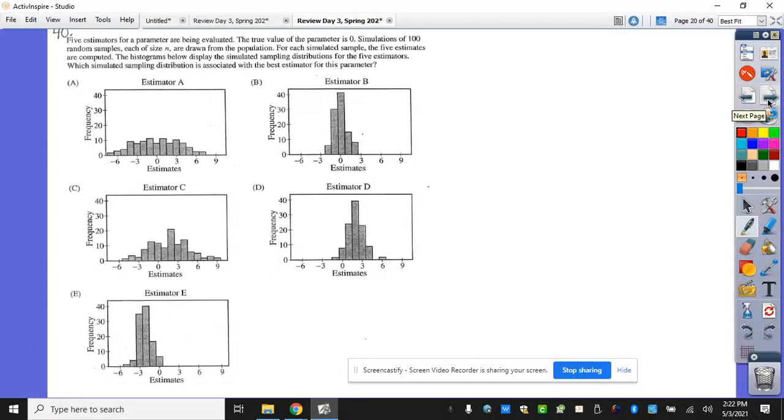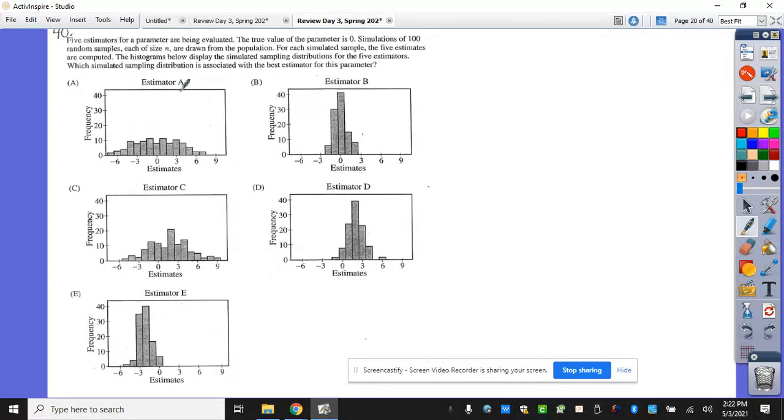Okay, so this one says, which is our best one here? We are dealing with two different things. It tells us that the true value of the parameter is 0. So if that's our parameter, what do we want to do in relation to that parameter? So visually, we want our what to be where? Center to be at 0.